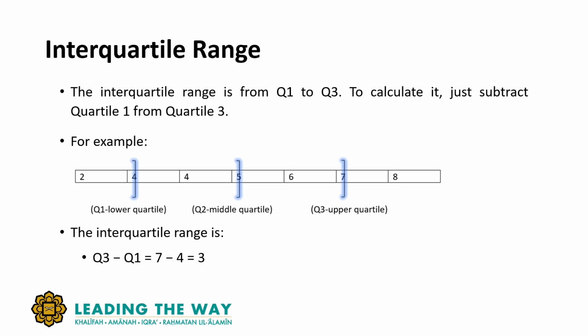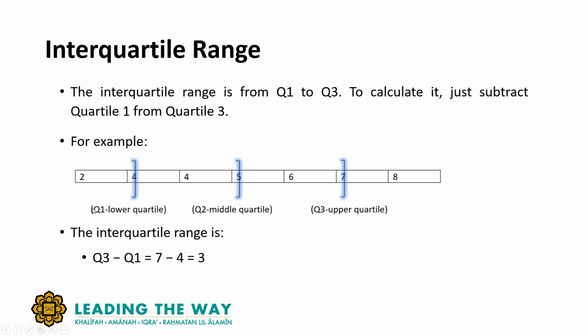What does interquartile mean? The interquartile range is from the first quartile to the third quartile. To calculate it, you subtract the first quartile from the third quartile. In this example, we have the numbers 2, 4, 4, 5, 6, 7, and 8.